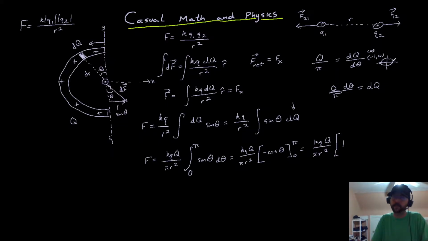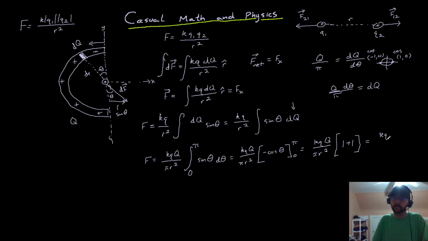Angle 0 is at the point 1, 0. Once again, cosine is the x value, so cosine of 0 is 1. We subtract that, and because of the negative sign it ends up being plus. So +1. And now we're at our final answer.